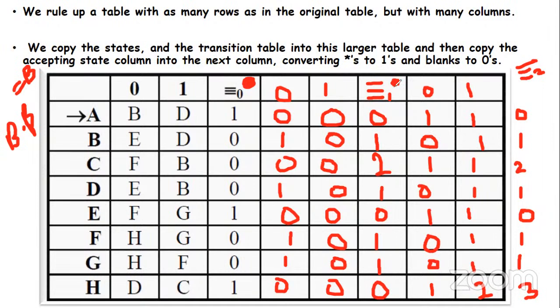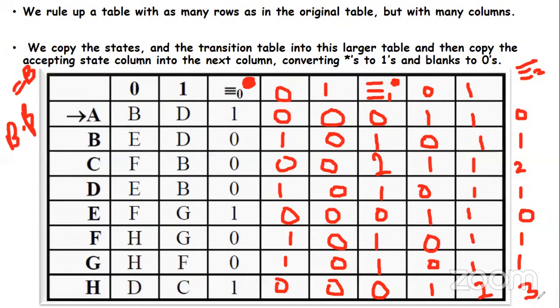So let's compare the previous equivalence, E1, and equivalence E2. So 0, 0, good. 1, 1, good. 2, 2, good. 1, 1, good. 0, 0, good. 1, 1, good. 1, 1, good. 0, 3.